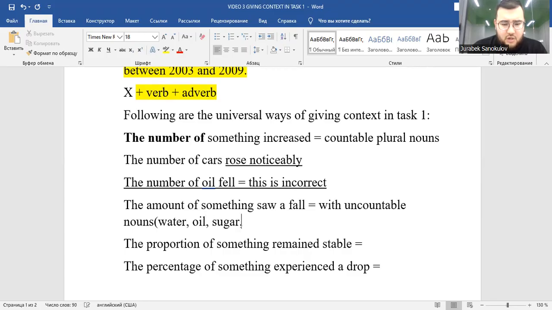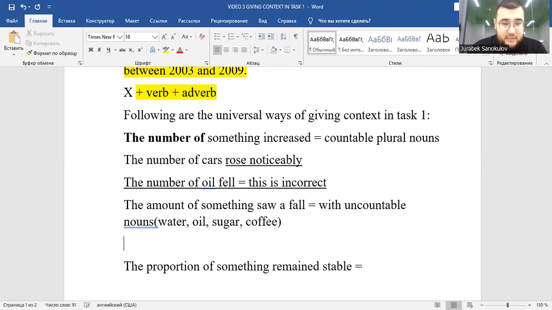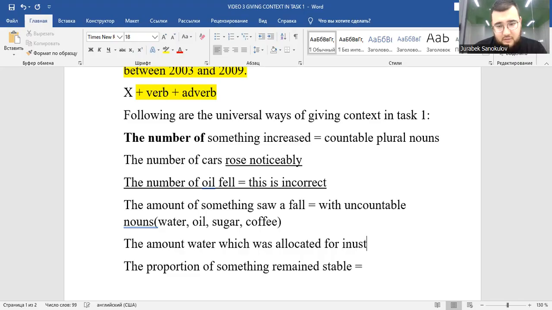Oil, sugar, coffee. So these are some of the examples for uncountable nouns. For example, you can say the amount of water which was allocated to or for industrial use increased.